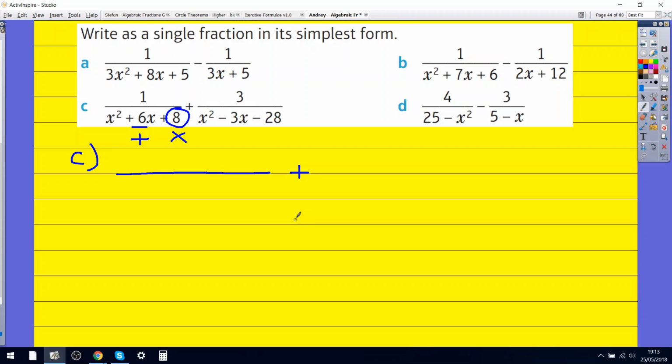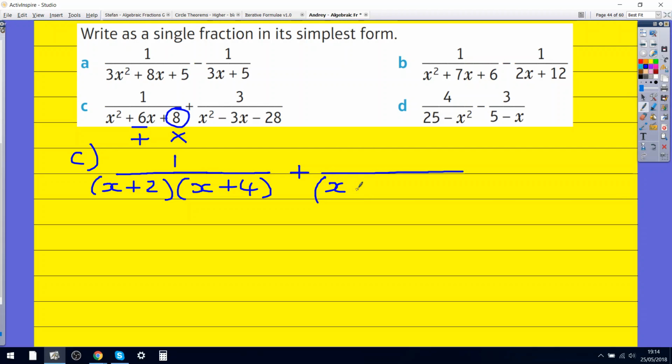So on the left, would it be x plus 2 and x plus 4? Yeah. And that's over 1. And then on the right, would it be x minus 4 and x plus 7?